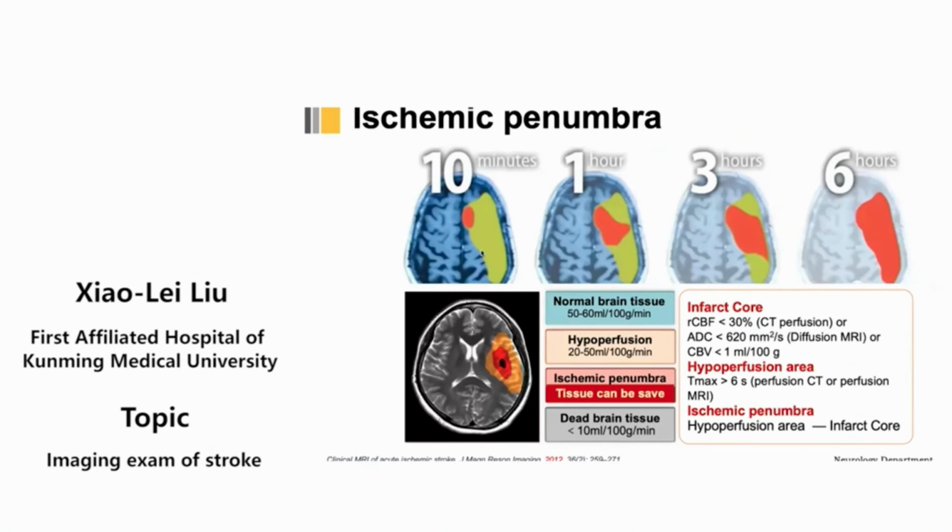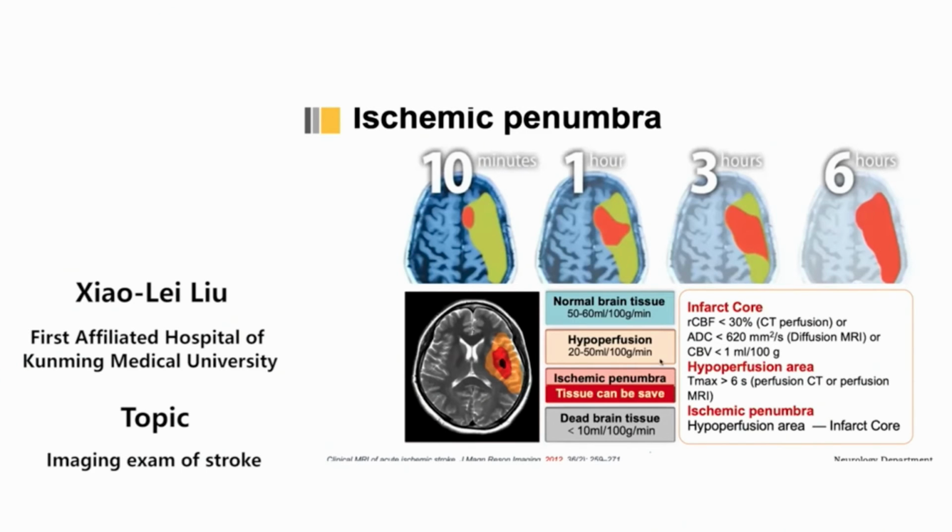The first dead area is called the dead brain tissue, which is the infarct core. We can see it has a very low blood flow here.